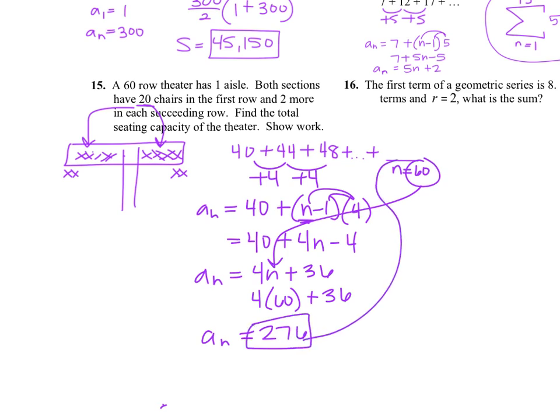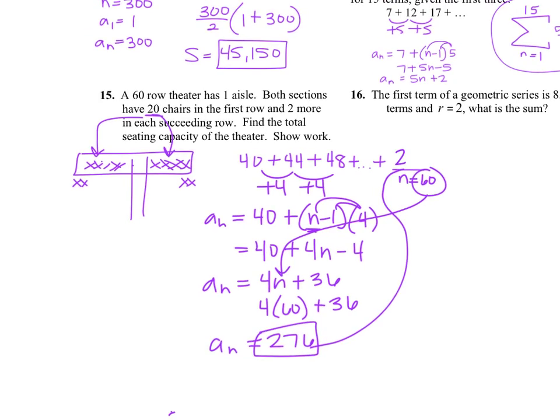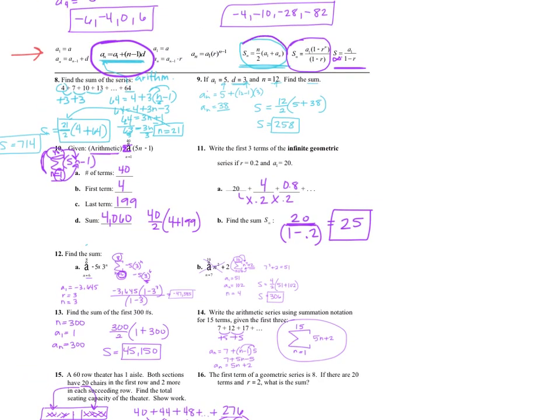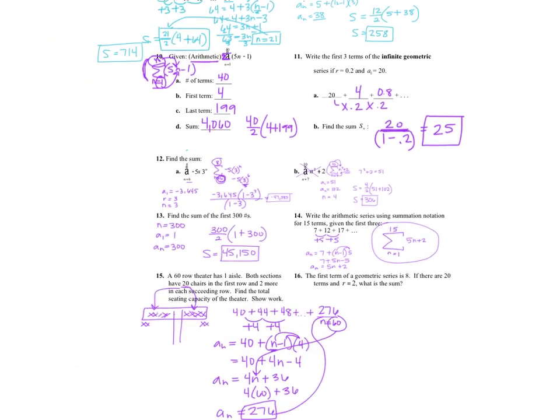Okay, so that's this, right? 276. Okay, so if this is the setup, we're trying to find the total seating capacity of the theater. We're trying to find the sum of all of these chairs. The formula we're going to use, because we said this is arithmetic, is our formula up here. This one, that's our arithmetic one.